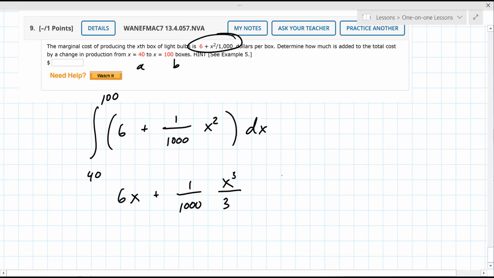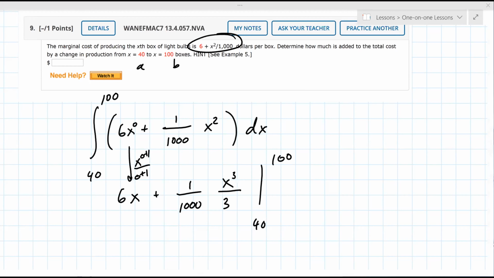Where's the x from verse 6? So there's really an x to the 0 here. Oh. So this becomes x to the 0 plus 1 over 0 plus 1. That's how it becomes that. And then you evaluate from 40 to 100.